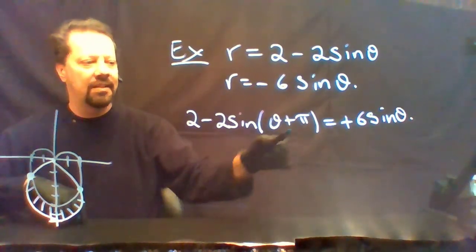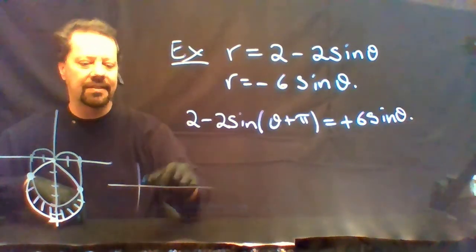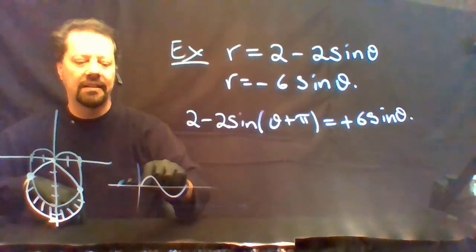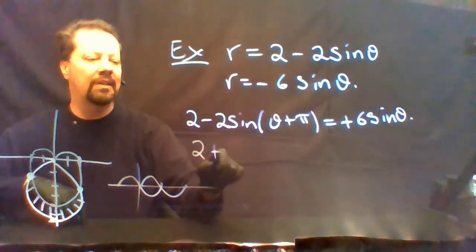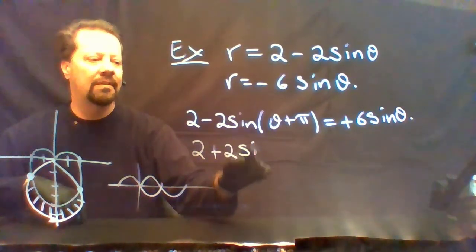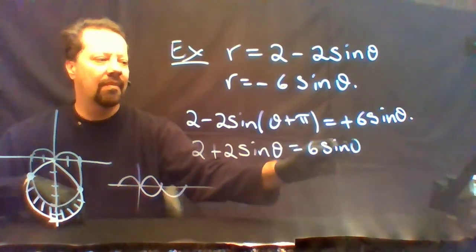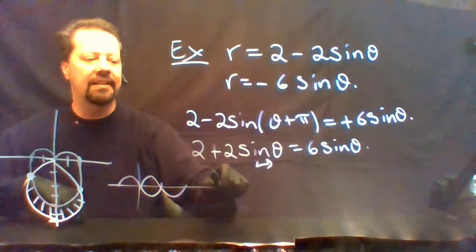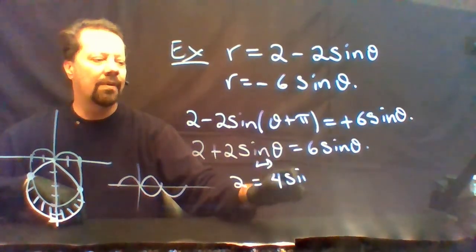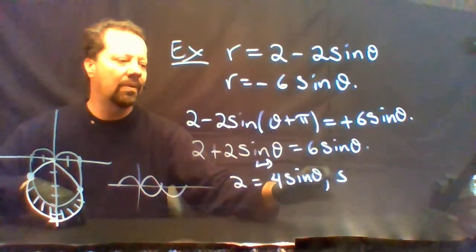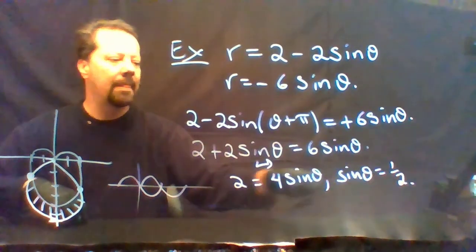Notice that the phase shift of pi to the left for the sine curve gives us a negative sine curve. So we have 2 plus 2 sine theta equals 6 sine theta. Shifting the 2 sine theta over, we have 2 equals 4 sine theta, or sine theta equals 1/2.